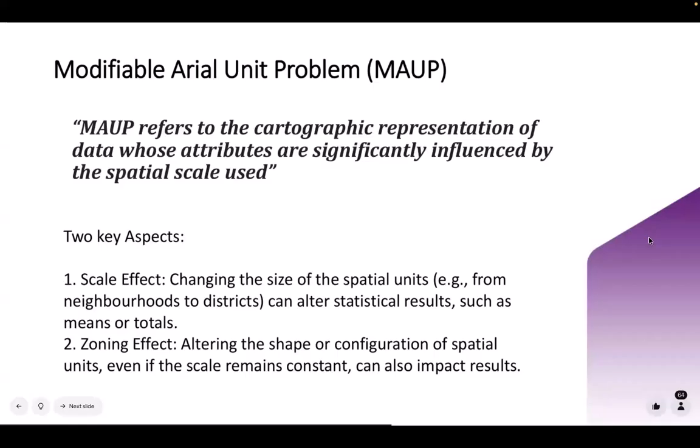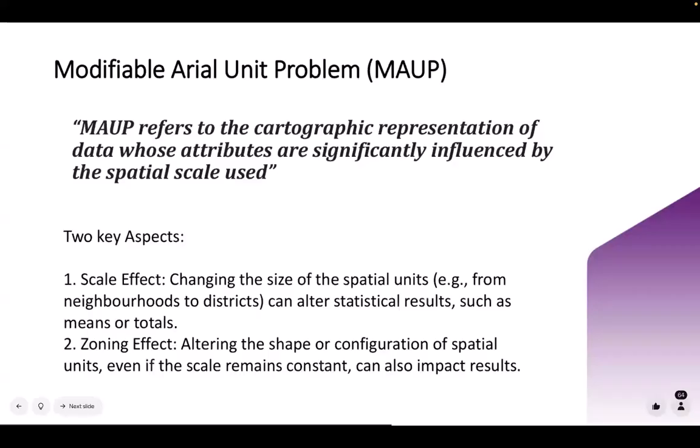The MAUP refers to the cartographic representation of data whose attributes are significantly influenced by the spatial scale used. Let's break that down. In layman's terms, we're saying that the same basic data yield different results when aggregated in different ways.